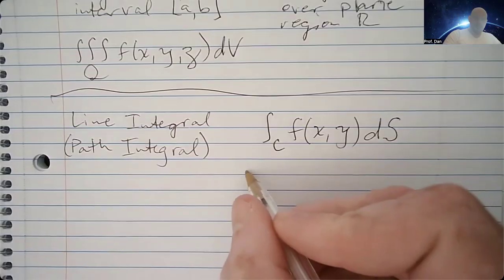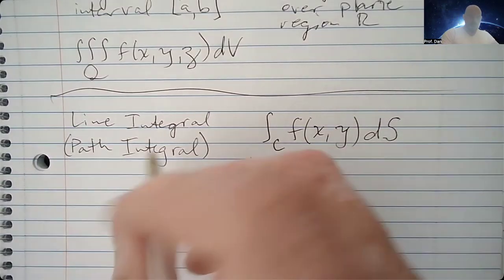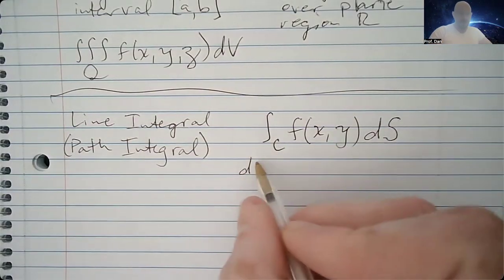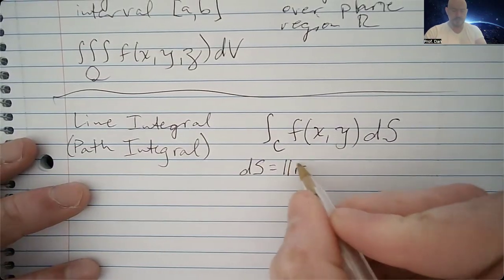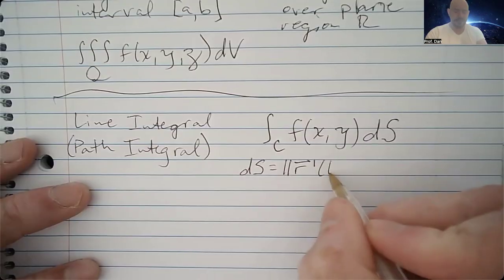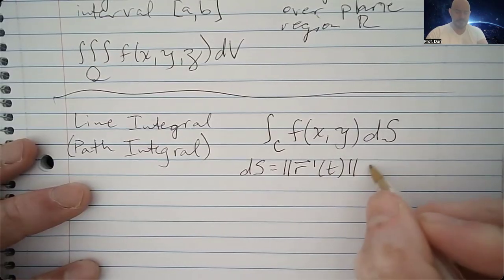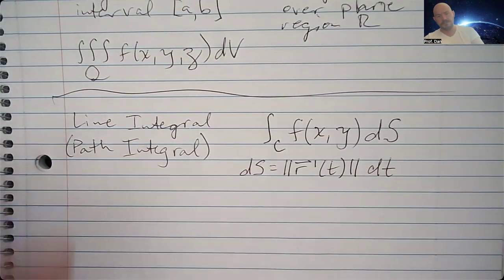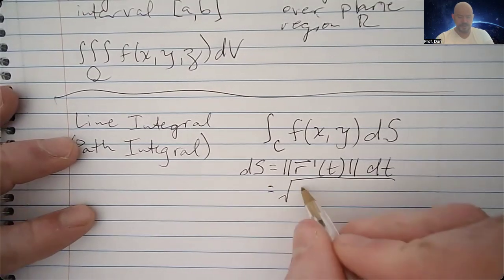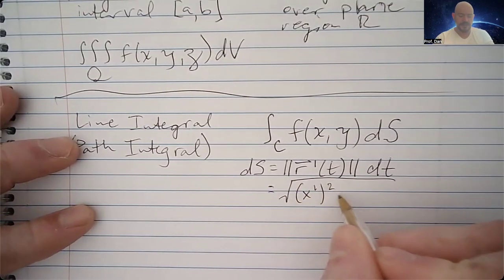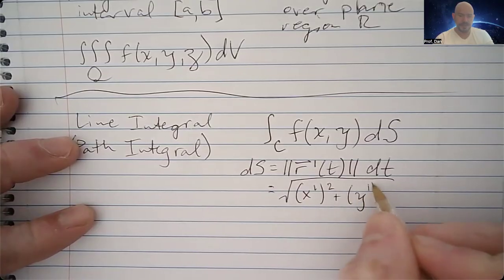So the way that we've learned it before, specifically if we write a set of parametric equations, is that ds is equal to the magnitude of r prime of t dt. And if you remember, that was just the square root of x prime squared plus y prime squared.